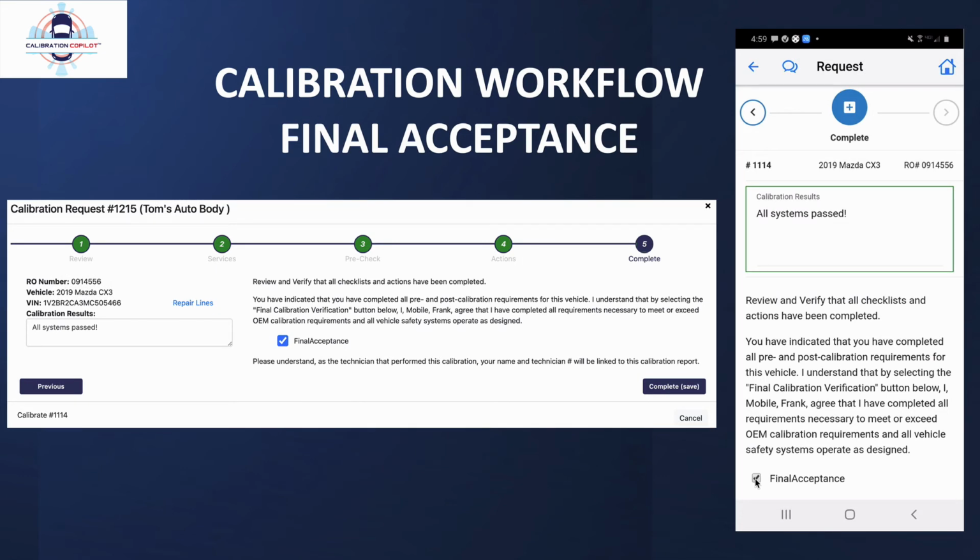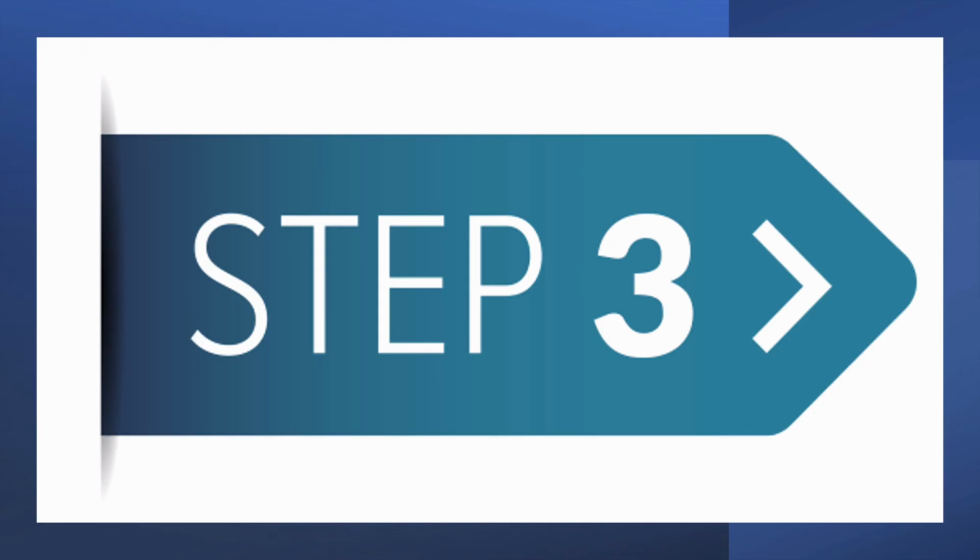The final step in the workflow for your business is the QA or final acceptance of the work. Once the final acceptance is completed by the technician, the customer is automatically informed. The final step in the process, though, is communicating to your customer the work is complete and then forwarding them the documentation and the invoice.